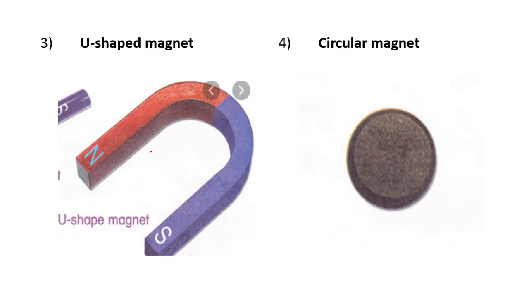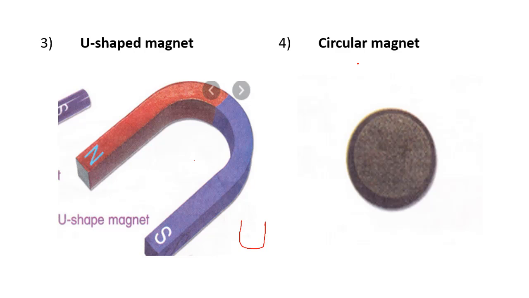The third type is called a U-shaped magnet. So this is the shape. If you look at the shape, you see that it is the shape of the letter U. That's why it is called a U-shaped magnet.